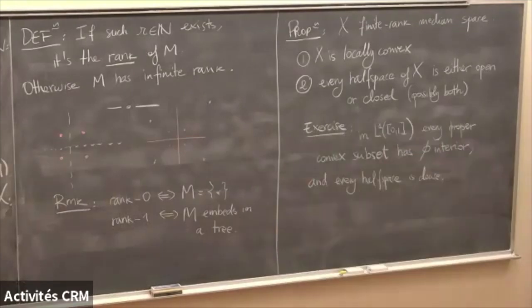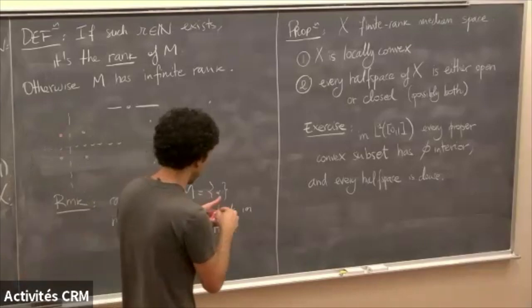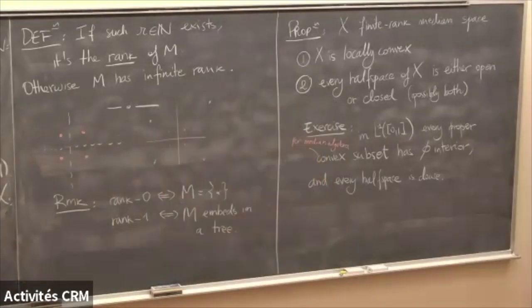Using L1 as a linear structure, so convexity means something different there, convex for the linear structure. Okay. Everybody happy?